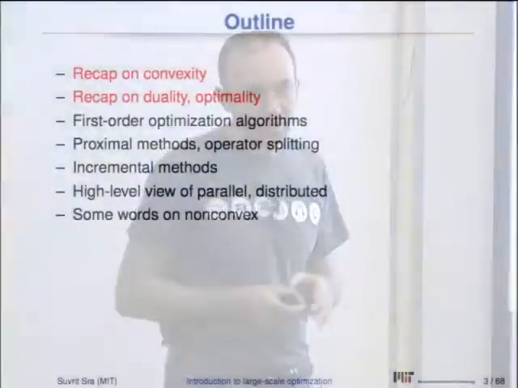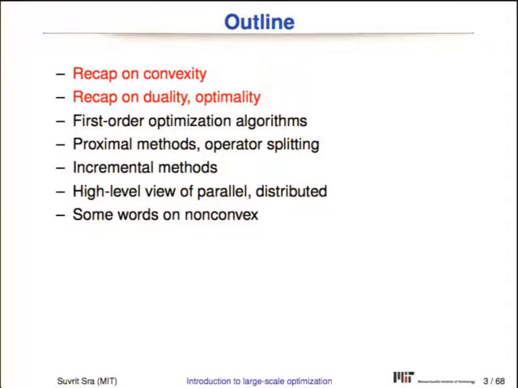So the plan for today is, the first lecture is mostly a super fast recap on some basics of convexity and convex optimization. And those basics are important so that later I can just use them without having to explain them.